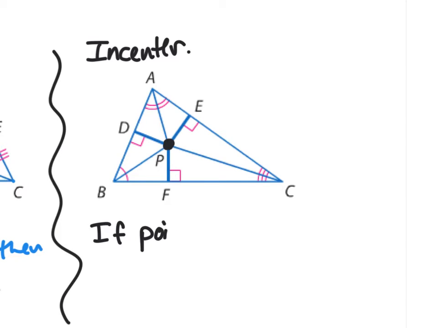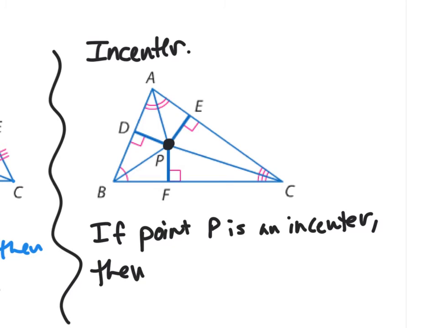So if point P is an incenter, then I know that the perpendicular lines coming from P to all of the sides of my triangle are going to be congruent.